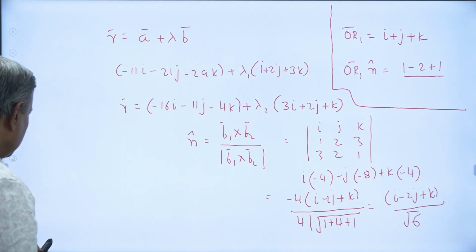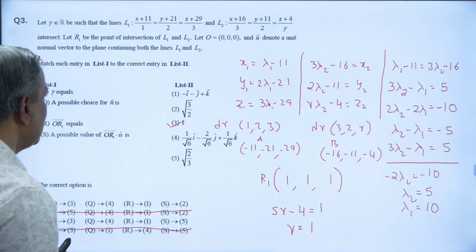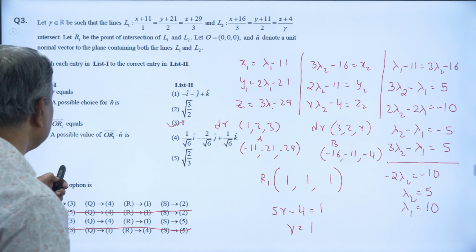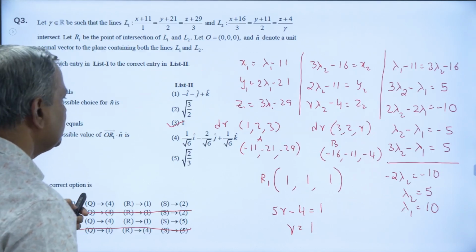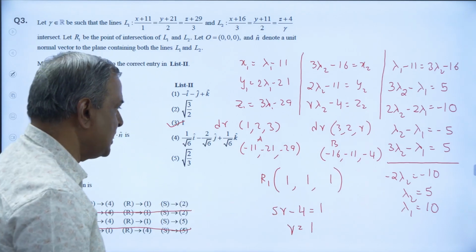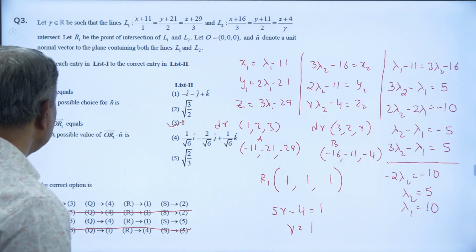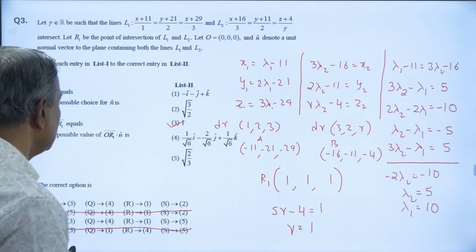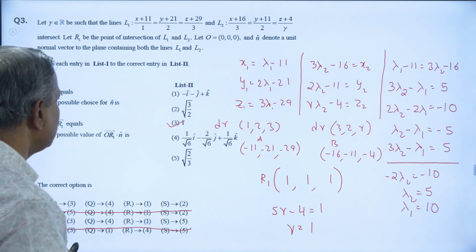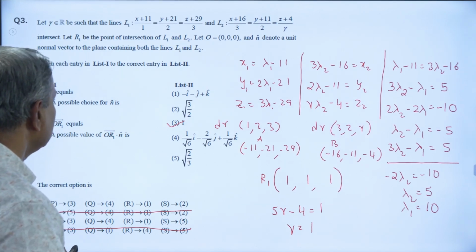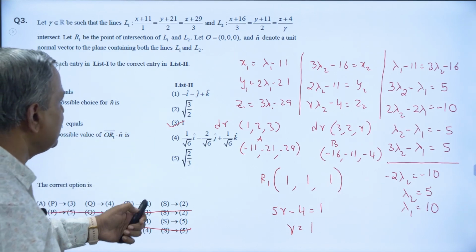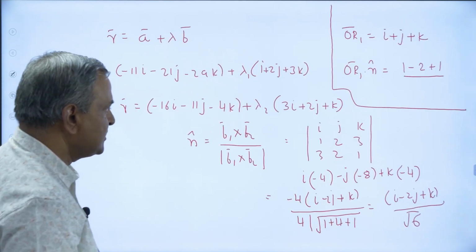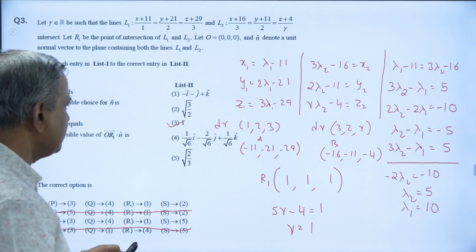OR1 vector, R1 is equal to i plus j plus k. And the possible value is OR1 dot n cap. OR1 vector is minus i, minus j comes.